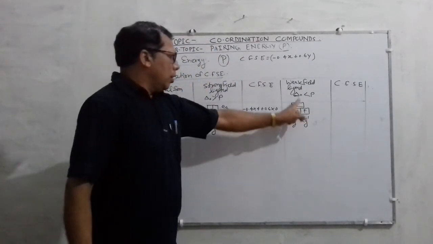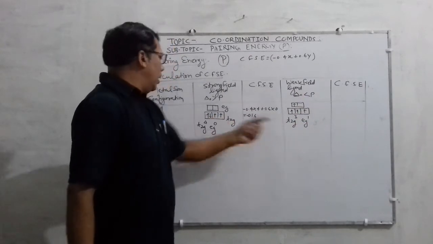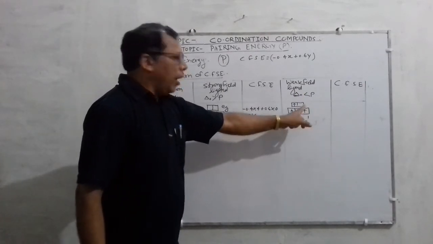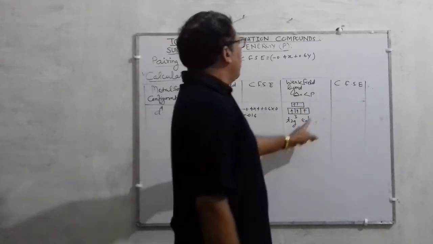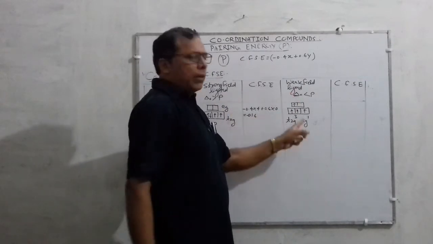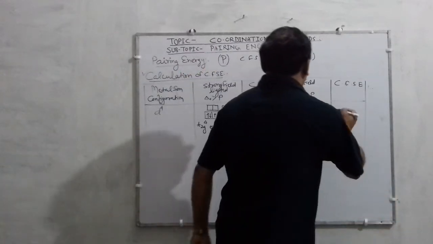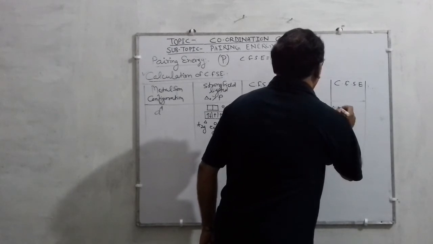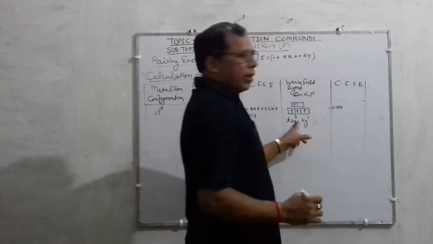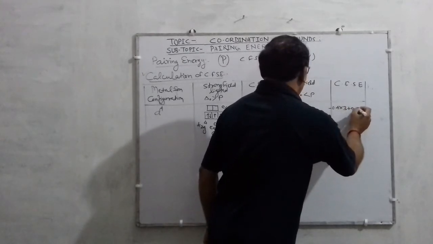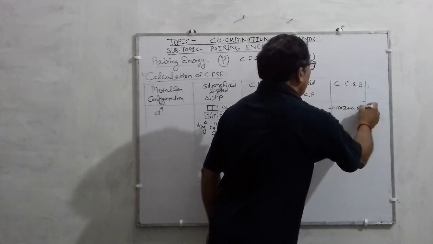Listen children, the configuration in the case of weak field of this d4 can be written as t2g3 and eg1, and by using this formula the CFSE for d4 in weak field can be calculated as minus 0.4 into 3 electrons in t2g, plus 0.6 into 1.